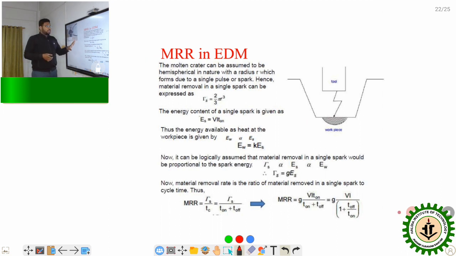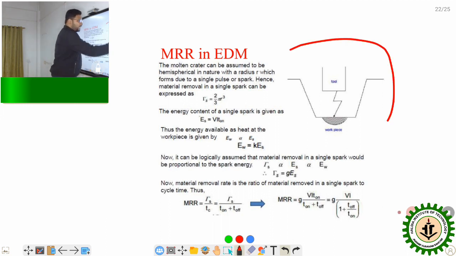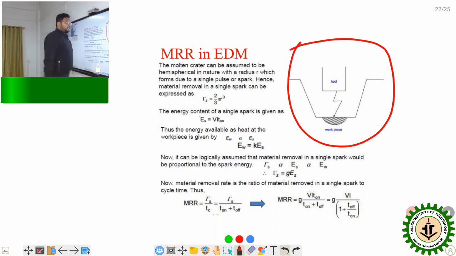Now similarly, we have calculated the MRR of EDM. Here we have typically considered a single spark condition, where the tool creates a single spark on the workpiece, due to which there is a small cavity.